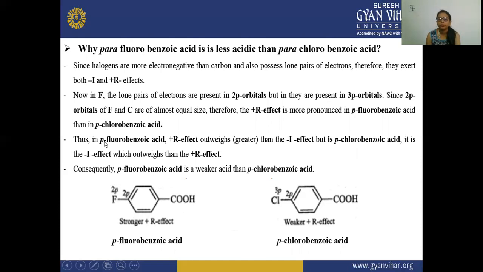Thus in para-fluorobenzoic acid, the plus R effect is greater than the minus I effect, but in para-chlorobenzoic acid, the minus I effect is greater than the plus R effect. So para-fluorobenzoic acid is a weaker acid as compared to para-chlorobenzoic acid.